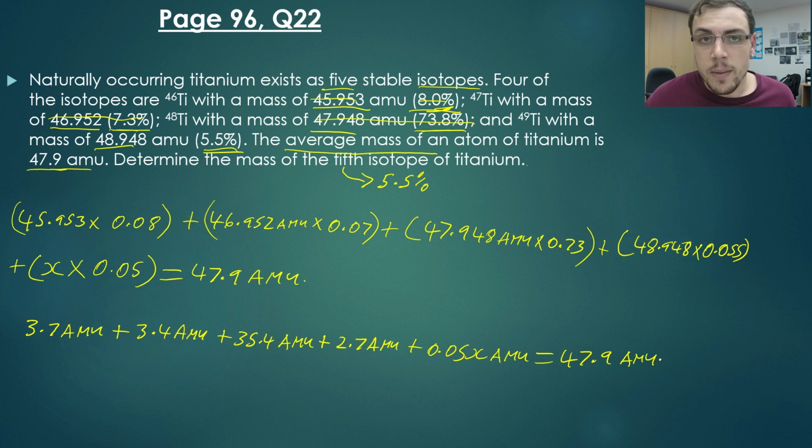Now we take it one step further. We could have done all of this in one big hit. We could have multiplied everything in the brackets and then added them all together. However, I highly discourage this. The reason is that it is very easy to make a simple math error and you will get the final answer wrong.